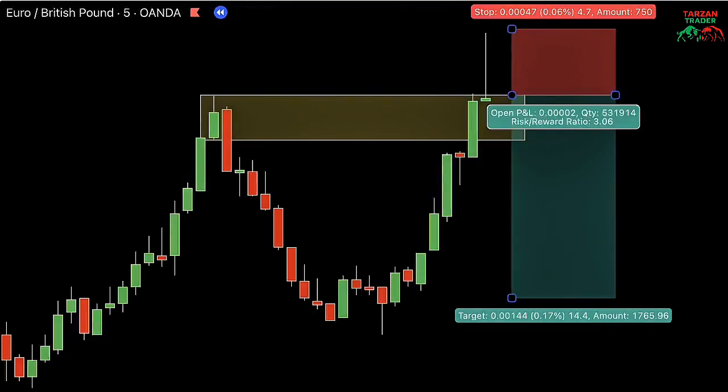With everything in place, apply the set and forget approach. Allow the trade to progress without constant monitoring.